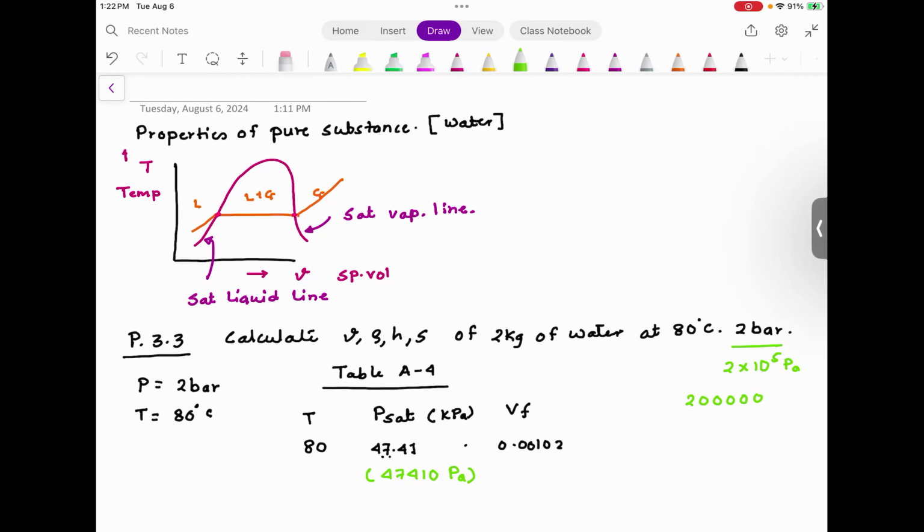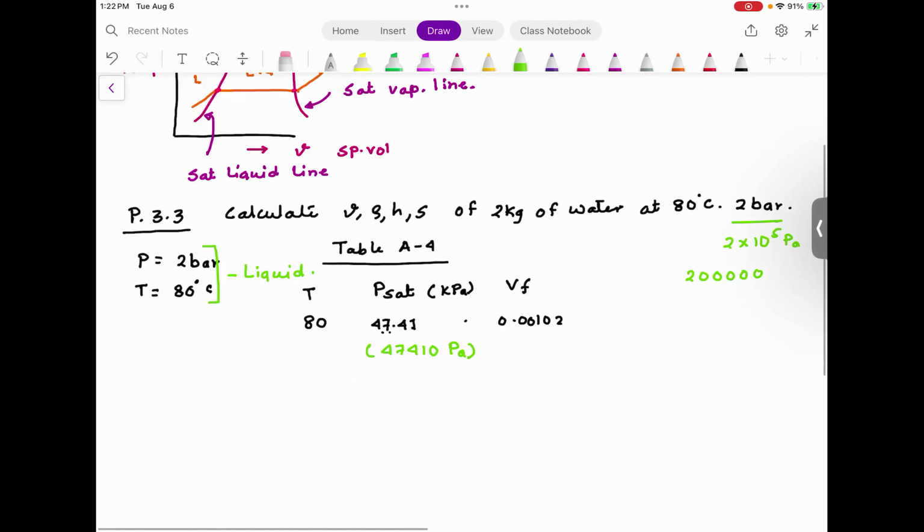So based on this combination, it's going to be liquid, not liquid plus vapor, not saturated vapor, just liquid. And when this is liquid, the specific volume comes directly from the table, 0.00102. Density is given as 1 divided by specific volume.